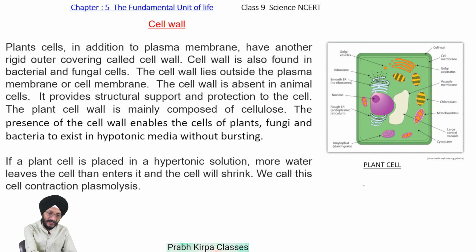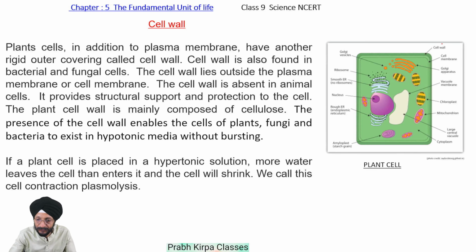Now the question arises, what is the cell wall? As already told, animal cells do not have a cell wall. Only the plant cells have a cell wall, which is in addition to the plasma membrane, and this cell wall is outside the plasma membrane.